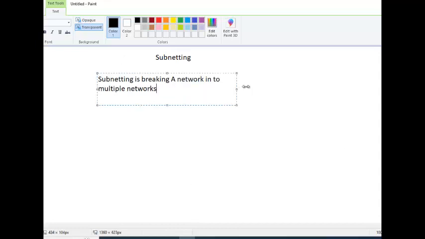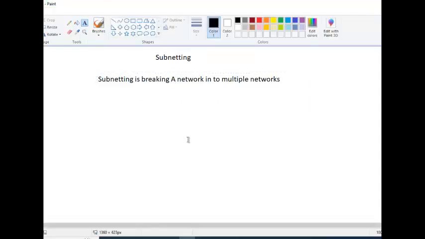One network you are taking and breaking into multiple networks. Even if it is a small network, you can break it, so I don't want to go with big and small words here. Subnetting is breaking down a network into multiple networks. Of course, when you break, it will become smaller. There is no doubt. Now, my question is, why do you need to break down one network into multiple networks?